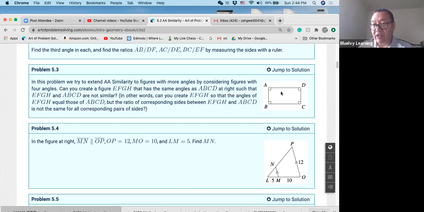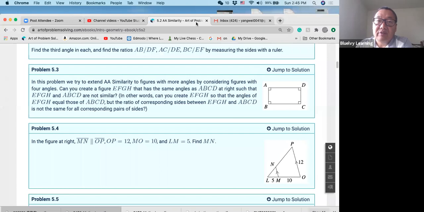Definitely that rectangle's angles also each equal 90 degrees, but its corresponding sides do not have the same ratio with rectangle ABCD. Does nobody know this? Actually, this one is easy.